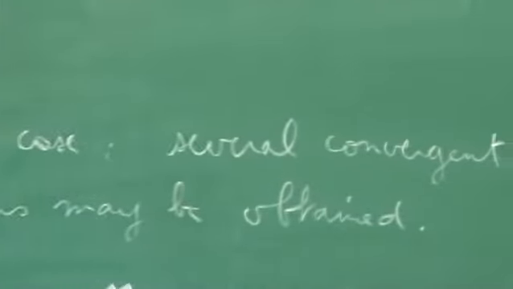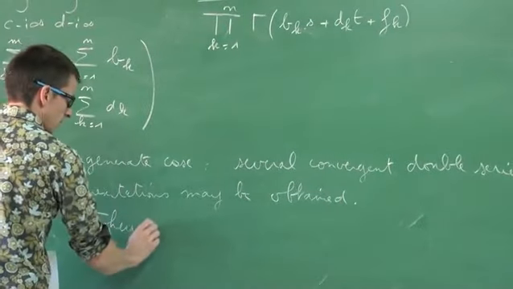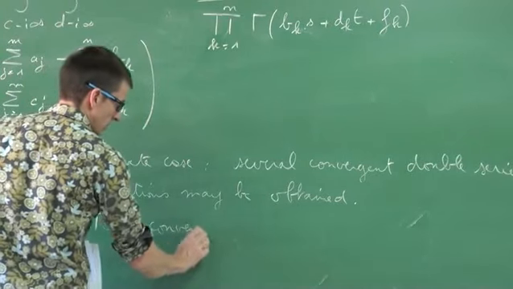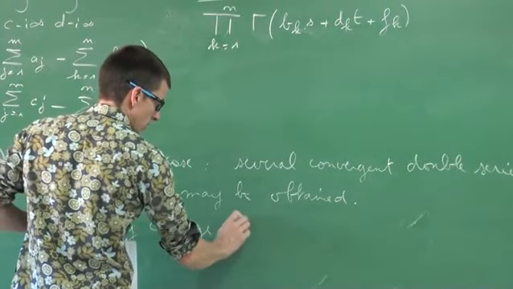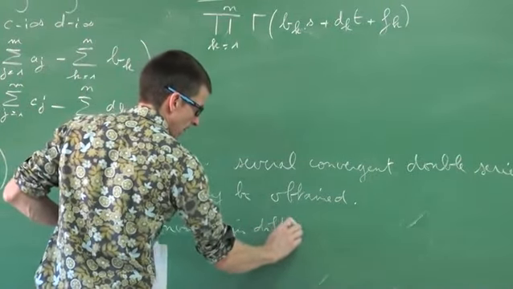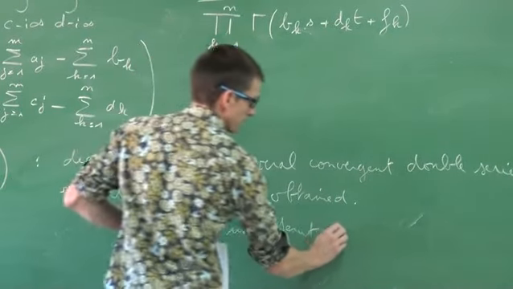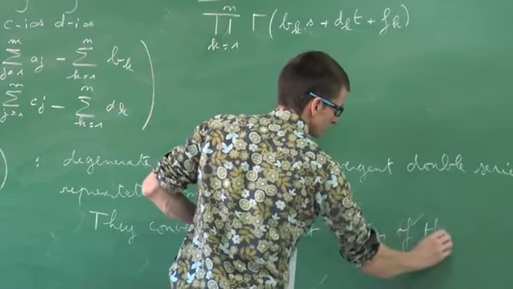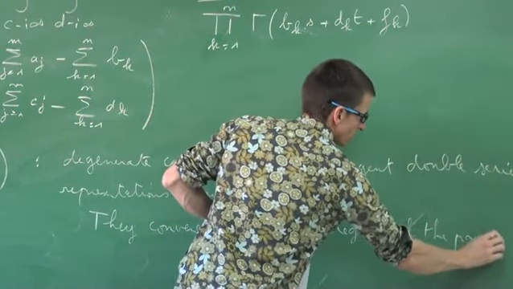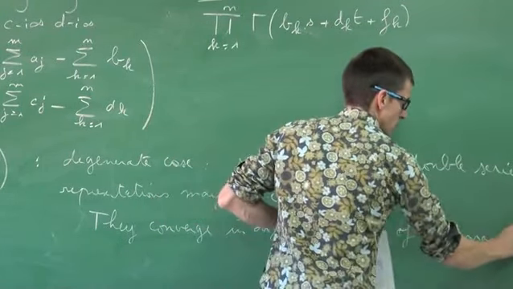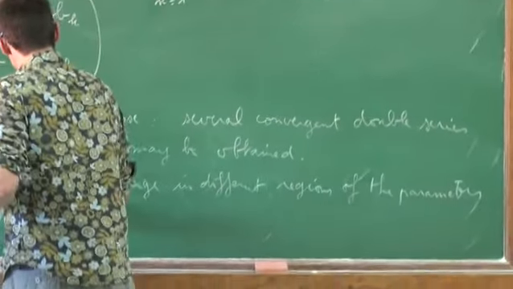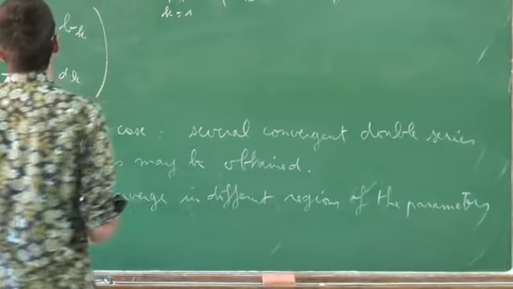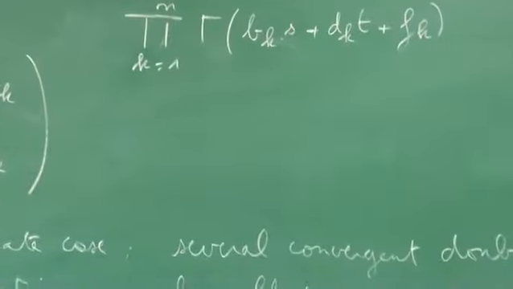And they converge in different regions of the parameters value. Okay? The parameters are x and y.